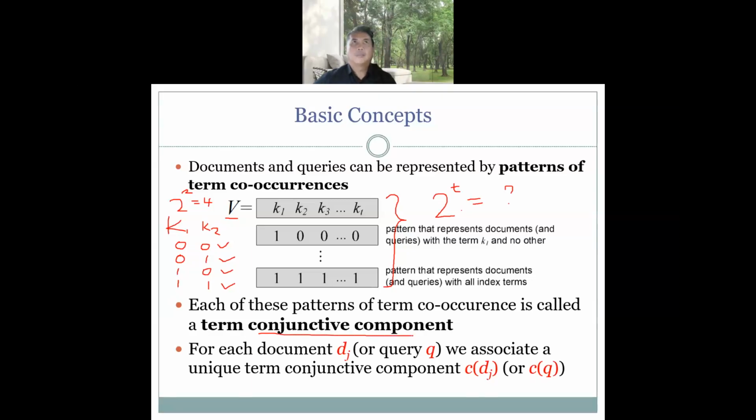Conjunctive component means that you combine them using and. So that means for this one: 0 and 0, 0 and 1, 1 and 0, 1 and 1. So a term conjunctive component is where we are combine them using the and. So we will use this term, the conjunctive component of that document.